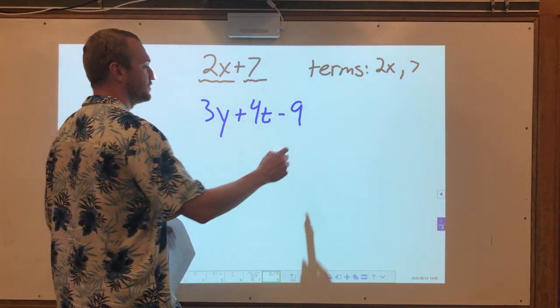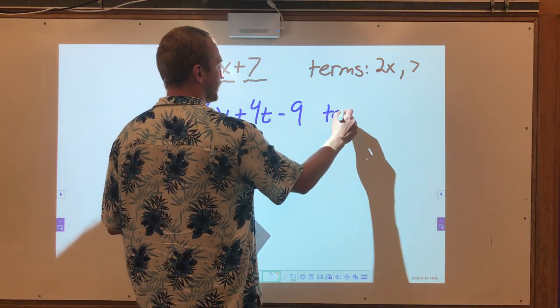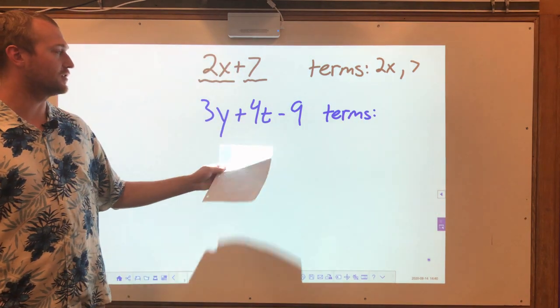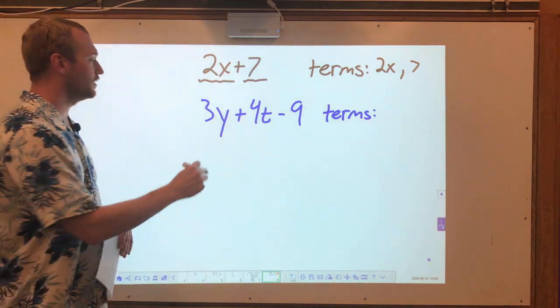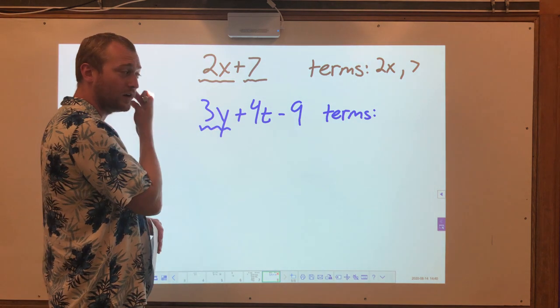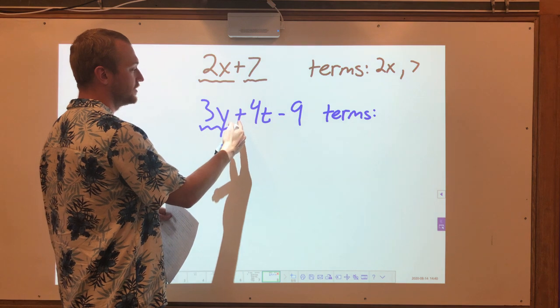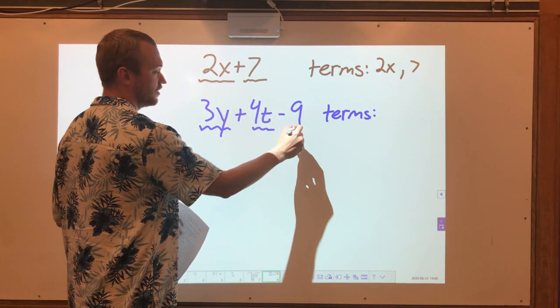This is still an algebraic expression, and we want to find the terms that make it up. Whatever in the algebraic expression is separated by addition and subtraction, those are the terms.